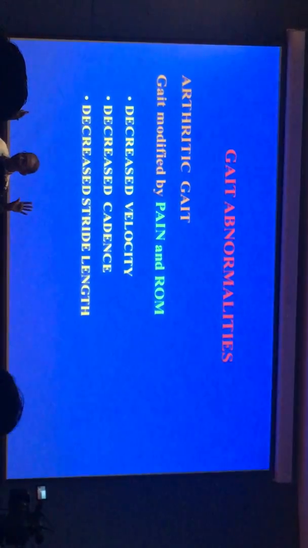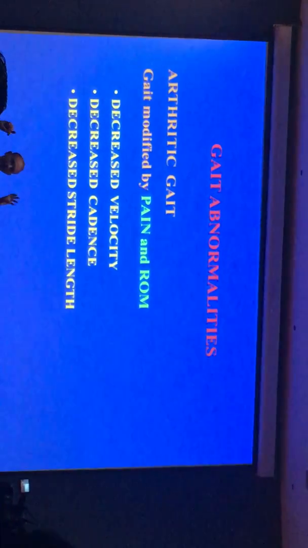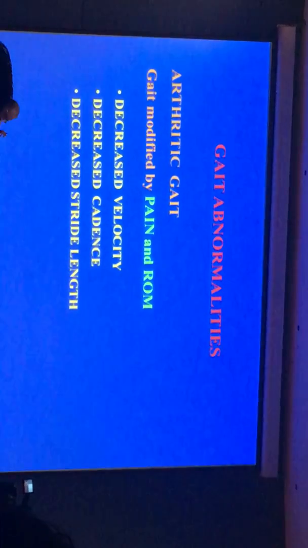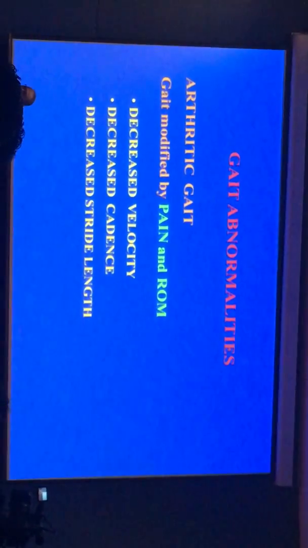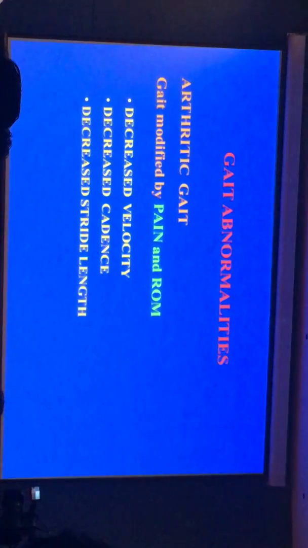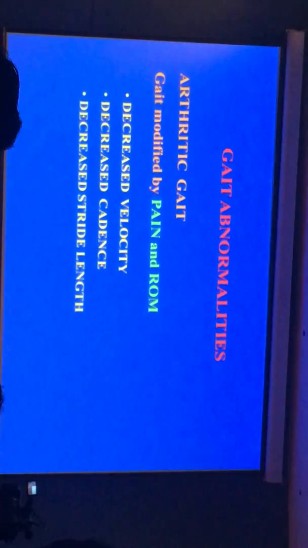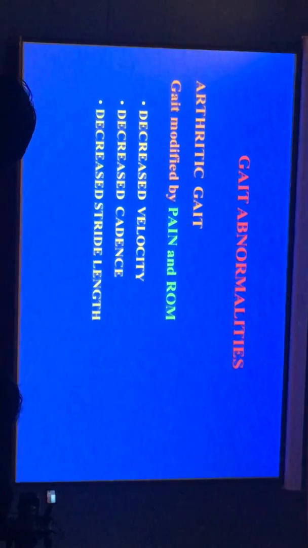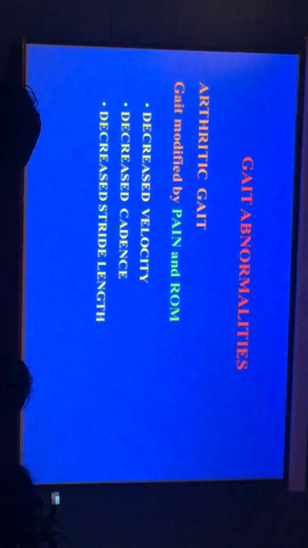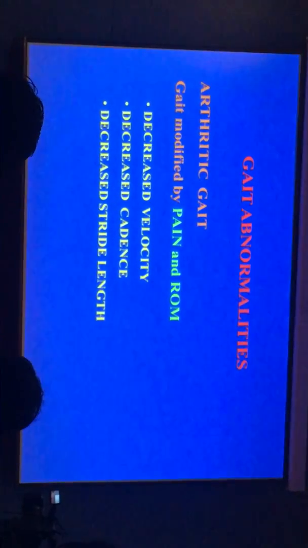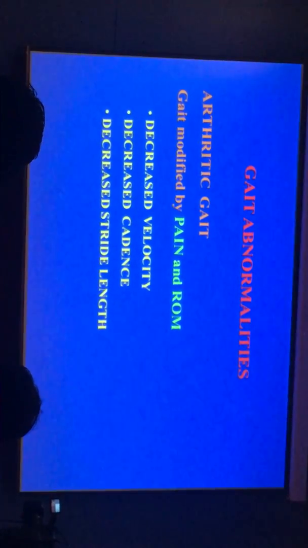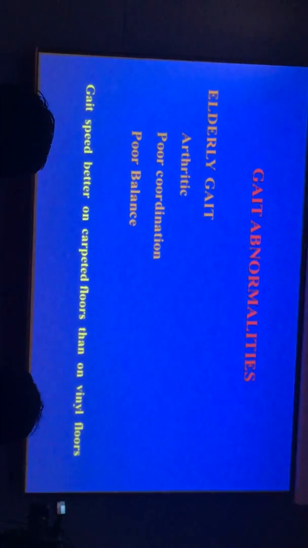So an arthritic hip gait would basically depend on number 1, the pre-positioning deformity, number 2, the range of movement in that, and number 3, the degree of pain that the patient has. So there's no one formula for an arthritic hip joint, but the velocity will be decreased, the cadence, the way the 2 steps are taken, that will be reduced, and the stride length will be reduced.